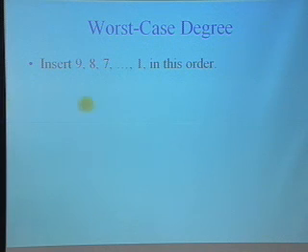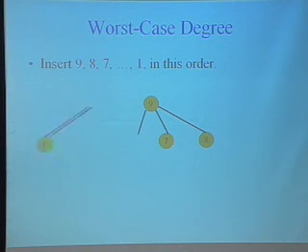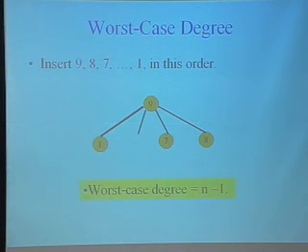So you're going to end up with a tree that has only 2 levels in it. If you put in a total of n items, the root will have n minus 1 children. So unlike binomial and Fibonacci heaps, the degree here is not constrained by log of the number of elements.